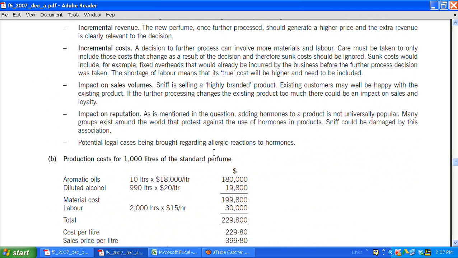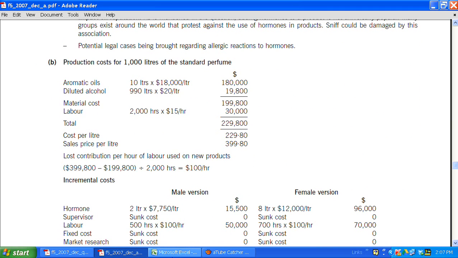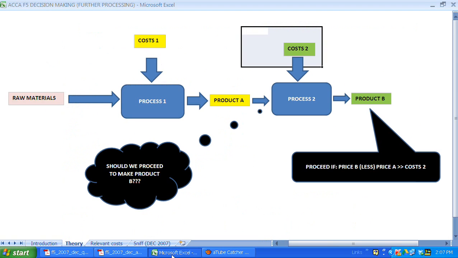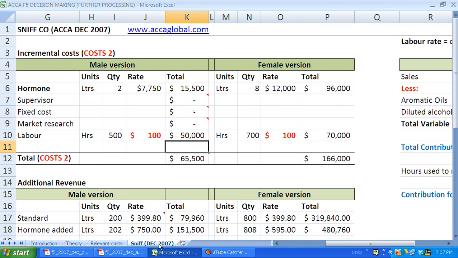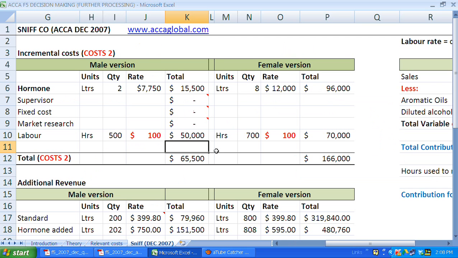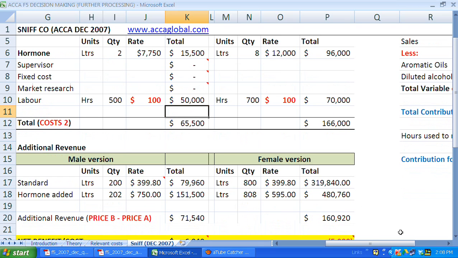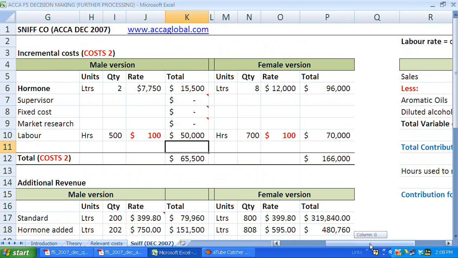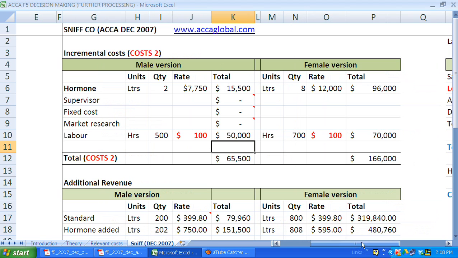So let's go through the question. Remember, what we're trying to do is to figure out the additional costs. Let's try and figure out the additional costs, as you can see right here.